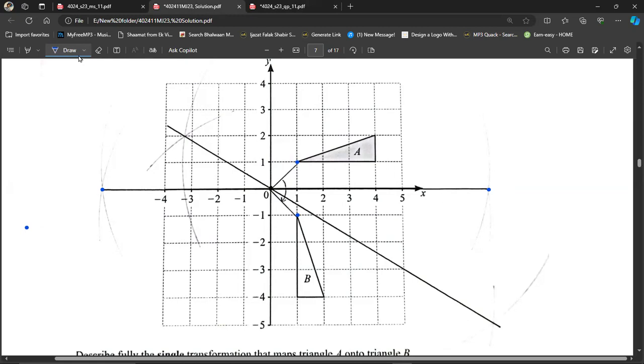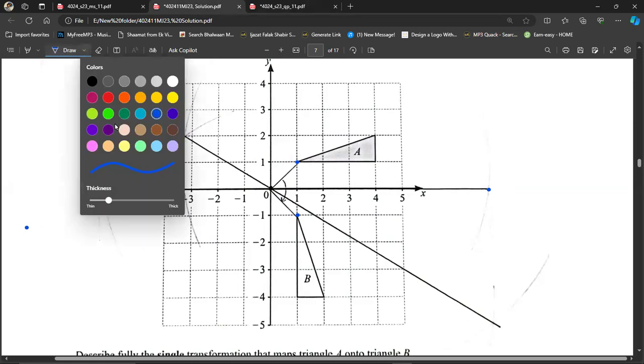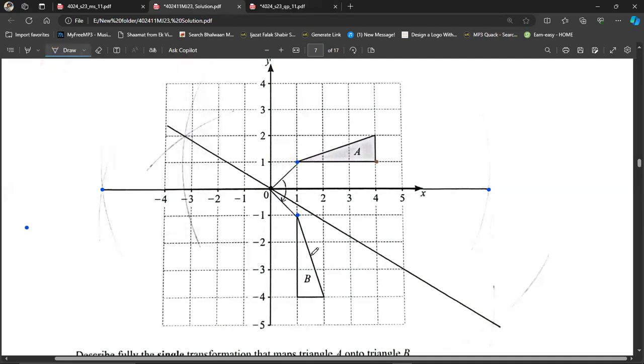Then let me change the color so you can understand this. Okay. Then I join this point and this point. I put my compass here, and I draw an arc here, and I have drawn an arc here.